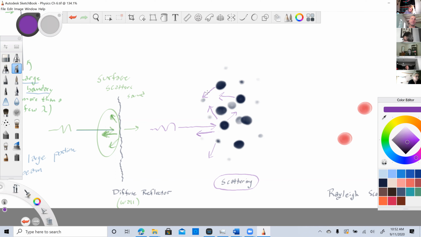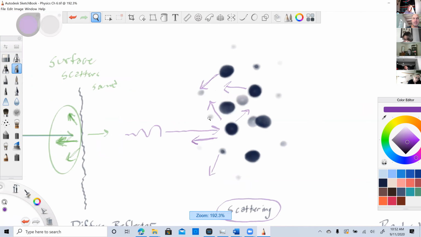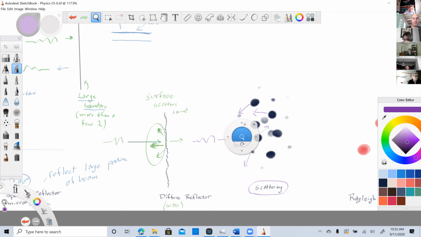So in the case of scattering, the size of the wavelength, lambda, is near, make sure I say this right, or less than the scatterer itself.